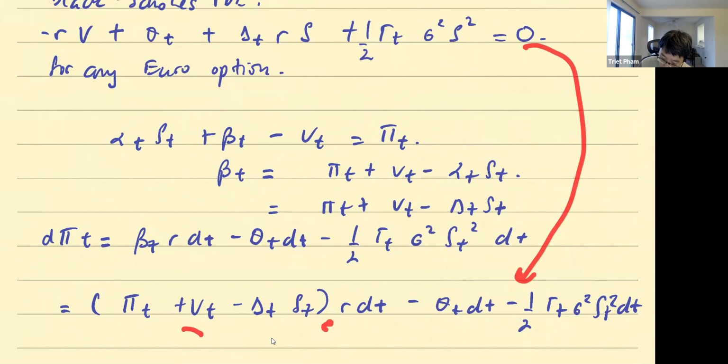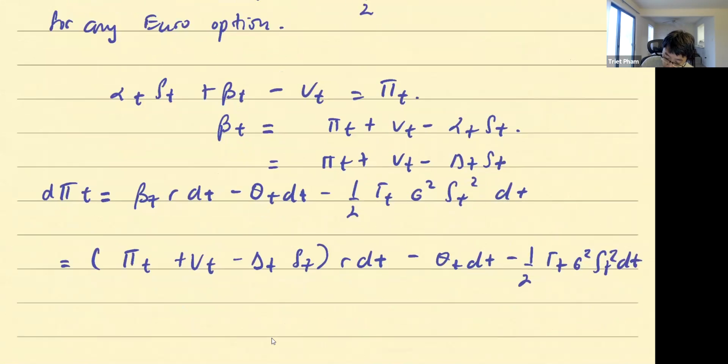This is plus RV, minus theta, minus 1/2 gamma, and then delta TRS is right here. So it's exactly the Black-Scholes in reverse, the Black-Scholes in the negative sign. So this and this cancel perfectly.